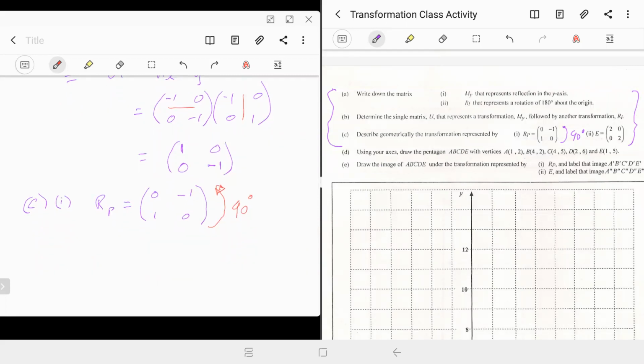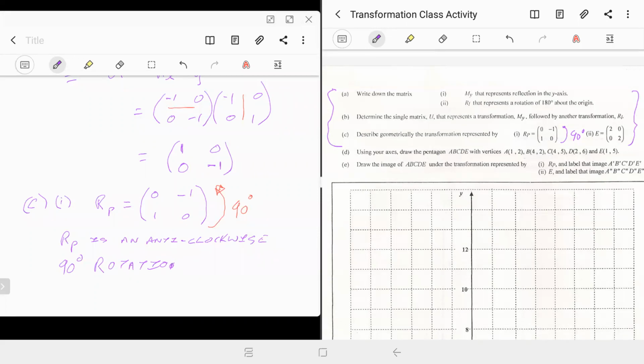And so I must describe it in words. Let me write it. So RP represents an anti-clockwise 90-degree rotation.